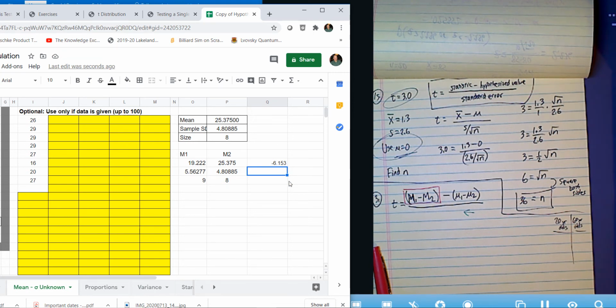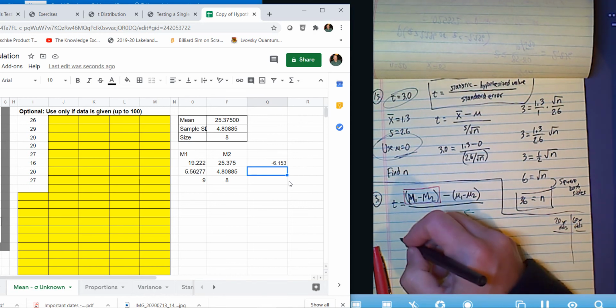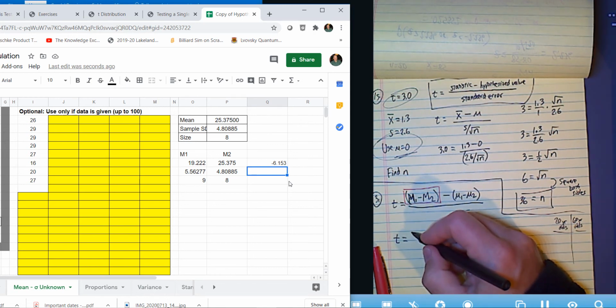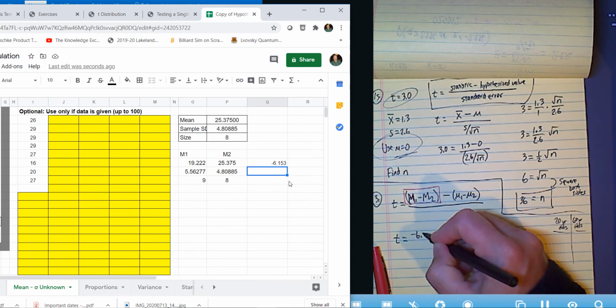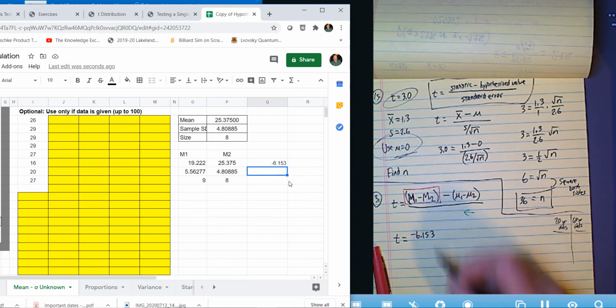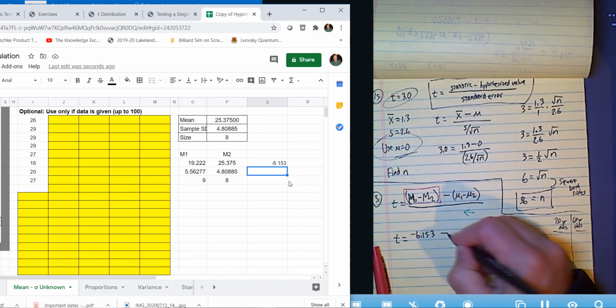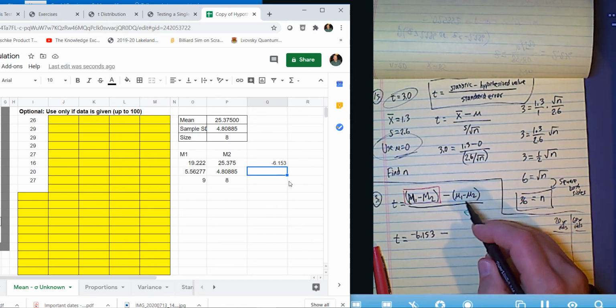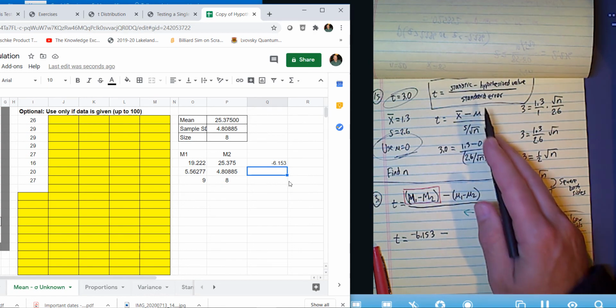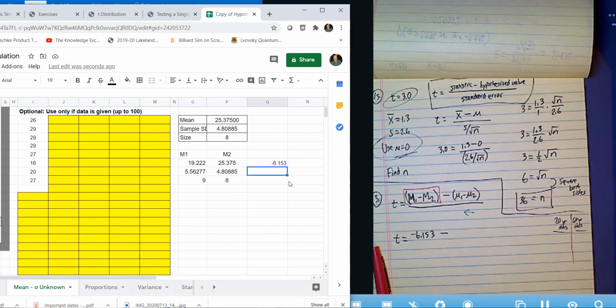So when I get to the next step, on the paper, it's going to say t equals negative 6.153. Now, next we're supposed to subtract mu1 minus mu2, and you might be wondering, what is that? Well, that's the hypothesized value.